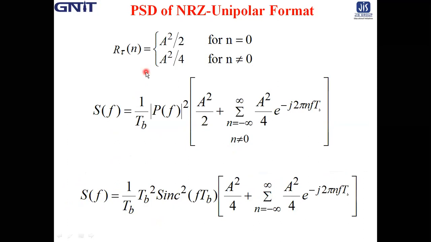Therefore, Rn(τ) equals A²/2 for n equal to 0, and for n not equal to 0, it is A²/4.